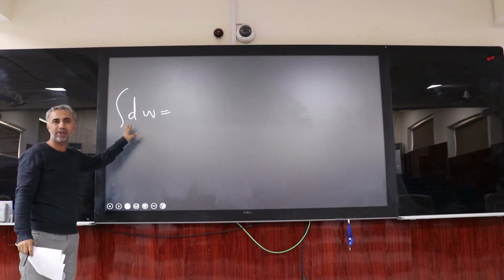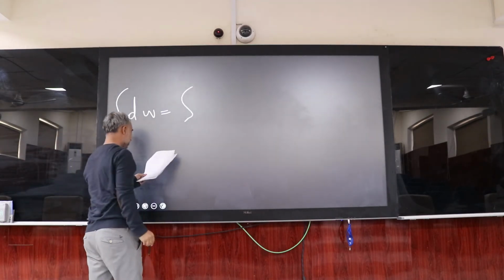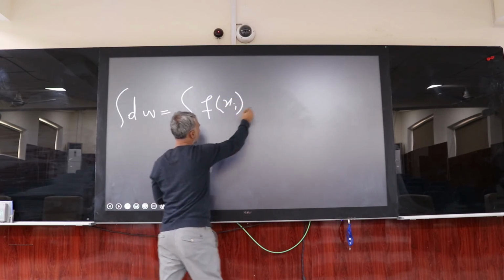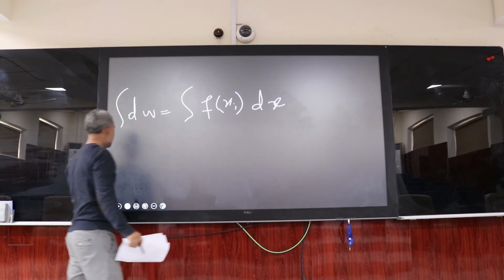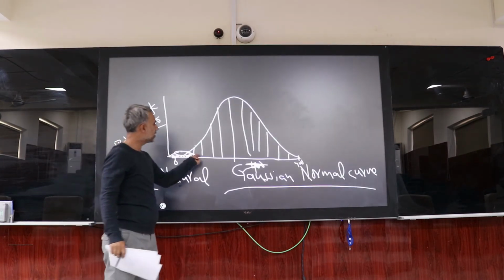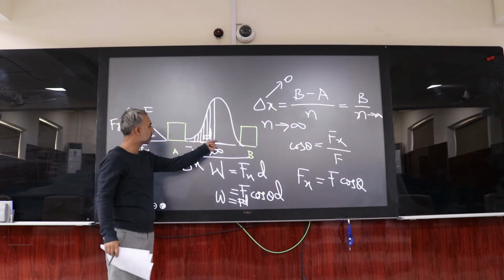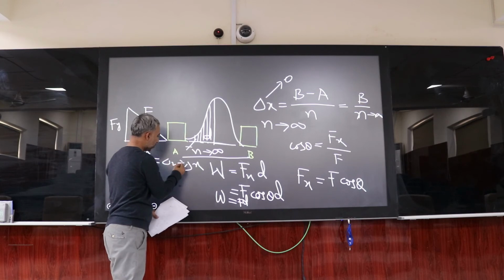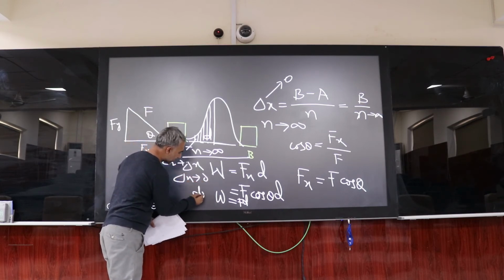This is the small change in work, and the sum of these small works you will get. As we did, we partition this work into small partitions. Delta x approaches 0, it becomes dx.